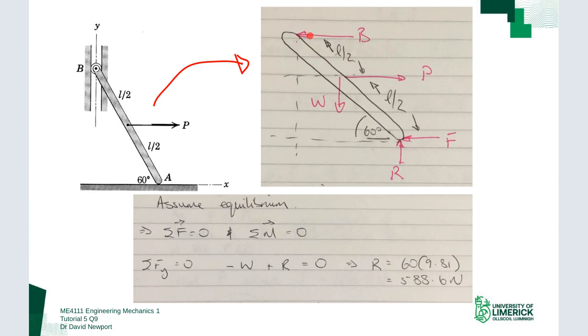I have a reaction force at B. There's none in the vertical direction because this thing is free to move, so it doesn't react in the Y direction. But if I try and pull it in the X direction or push it into the wall here, so if I try and push it in that way or pull it out this way, these surfaces are going to stop that motion, so I'll have a reaction force.